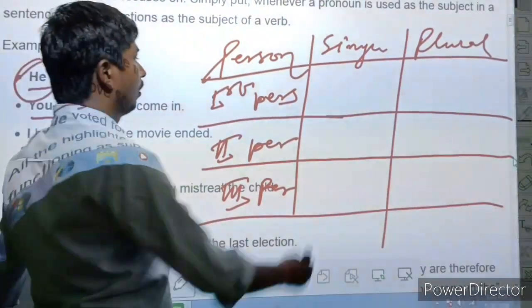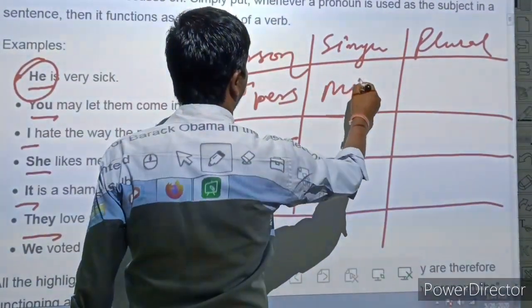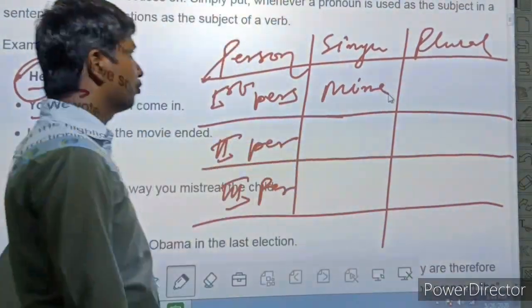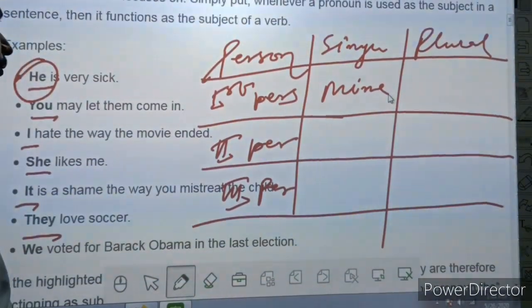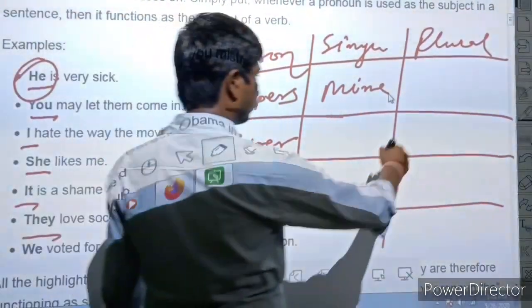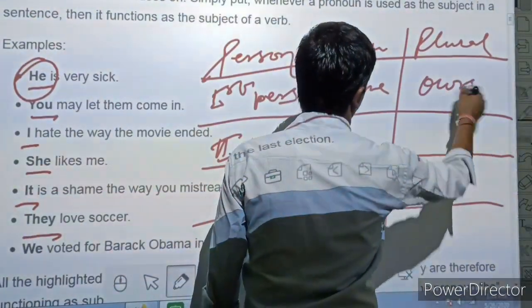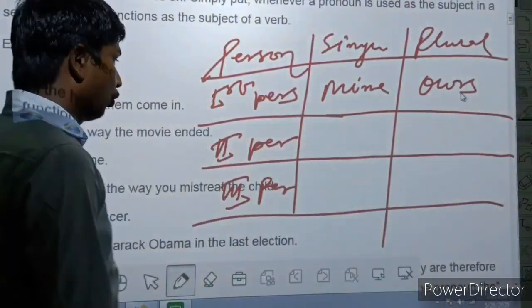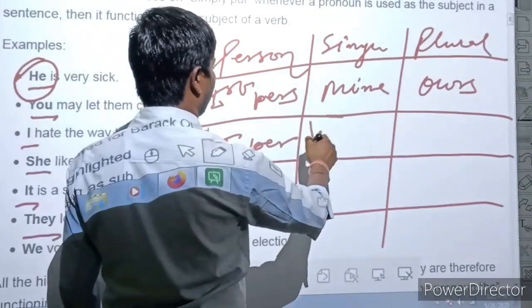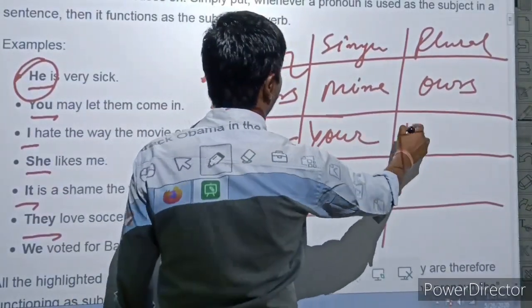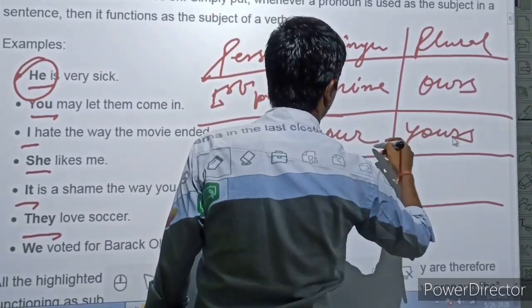In first person, mine is used as a possessive pronoun. Mine, ours. Thereafter, your and yours.